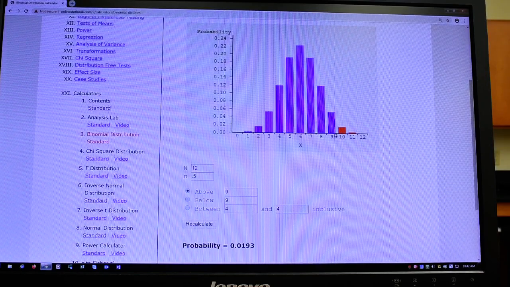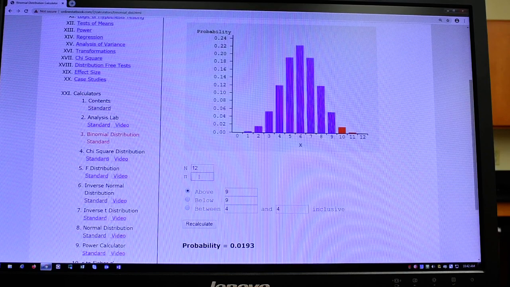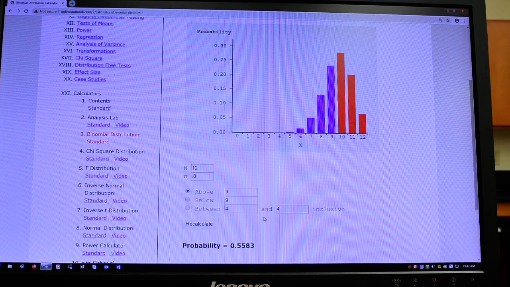All right? Okay, so to err on the side of caution, this is the null hypothesis. What we're going to do now is model the alternate hypothesis and see how much area is to the right of 9. So we want 10, 11, 12, and everything else. Remember, for this one I said the alternate hypothesis was 0.8, right? Okay, so let's recalculate. All right, there it is. See, this is where our cutoff was.